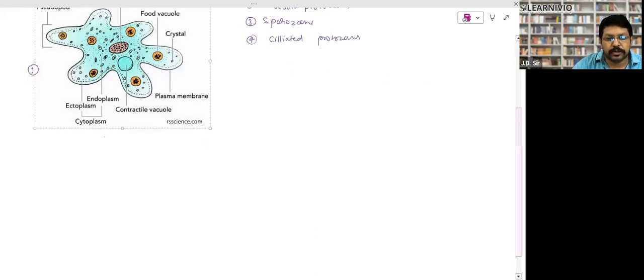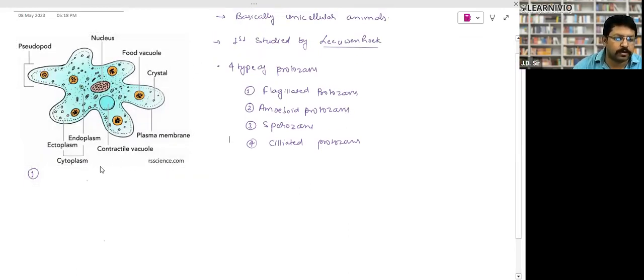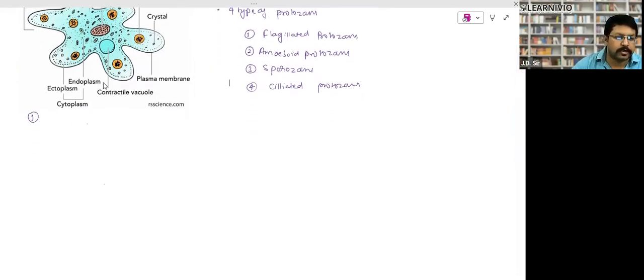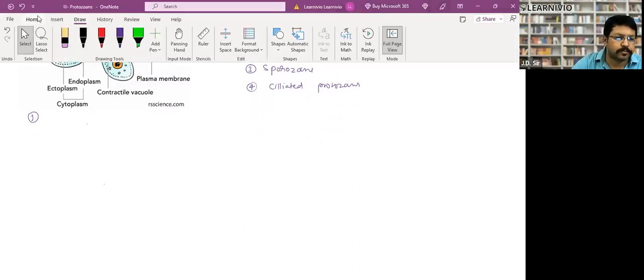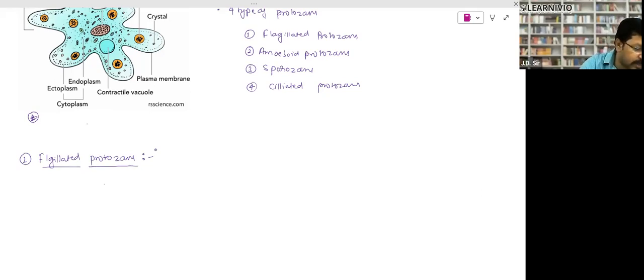Flagellated protozoans are those which have flagella for their locomotion. The example of flagellated protozoan is Trypanosoma gambiense.